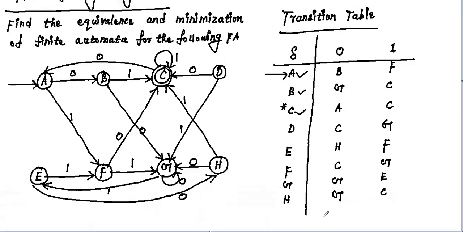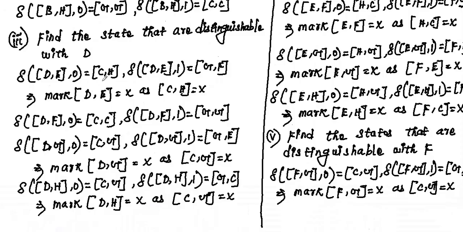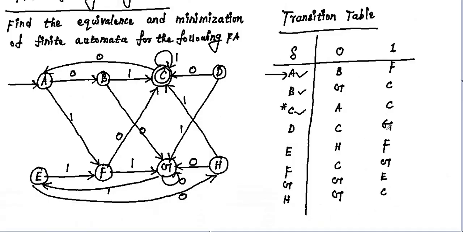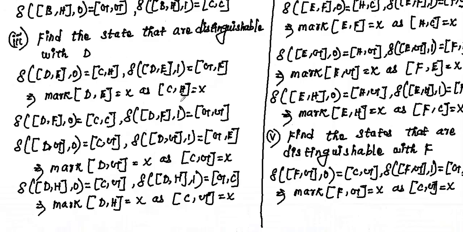See the transition table. DE 0 is CH. Here CH. DE 1, del of DE 1, means GF. Here you mention GF. In these two answers, CH we already put a cross mark. Then mark DE cross mark because CH is cross mark.